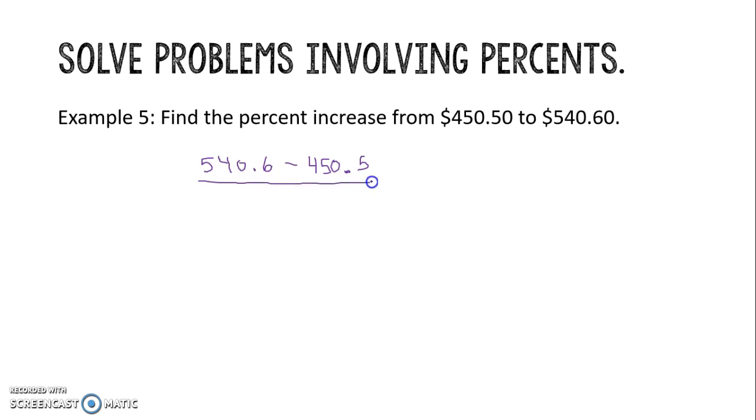But the part that stays the same, even though we had to flip the order of how we subtracted these because we want a positive number, not a negative number, what we end up having to do is still use the original amount. So the one that comes after the from, which in this case is the 450.50. That's our original.